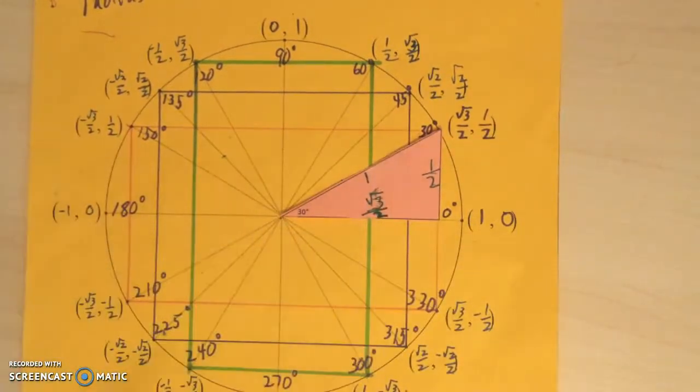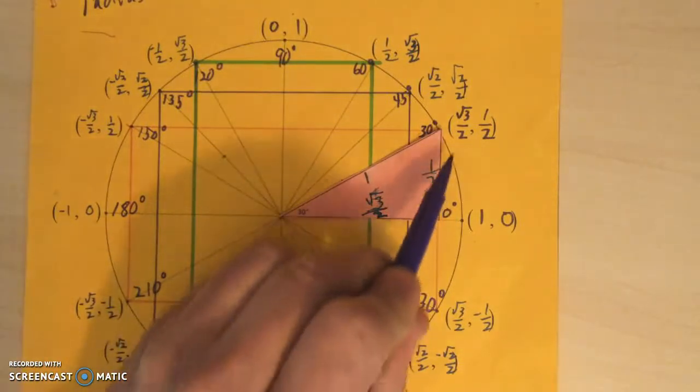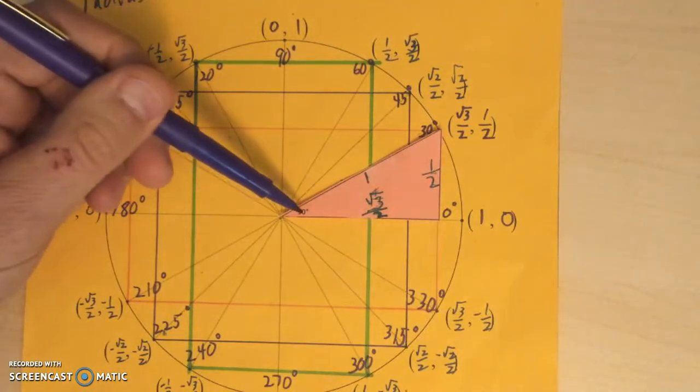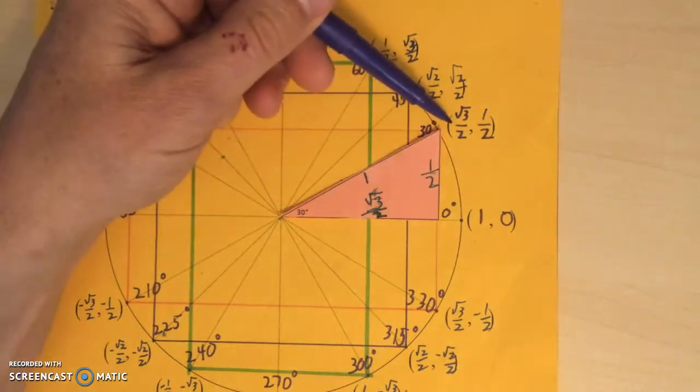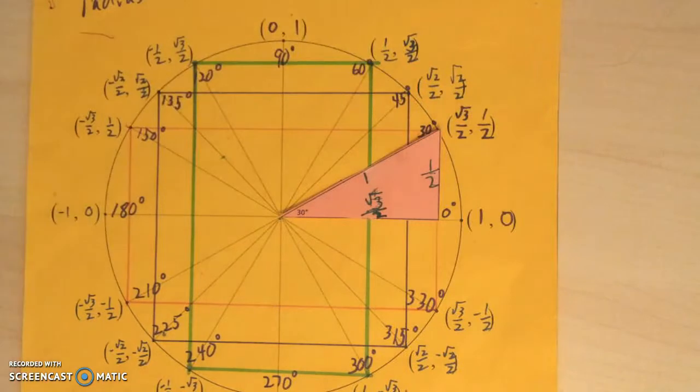And remember we used the special triangles, the 30-60-90 triangle and the 45-45-90 triangle. And we realized that the x-coordinate was the cosine, and the y-coordinate was the sine. So for 30 degrees, we know the cosine is radical 3/2, and the sine is 1/2.